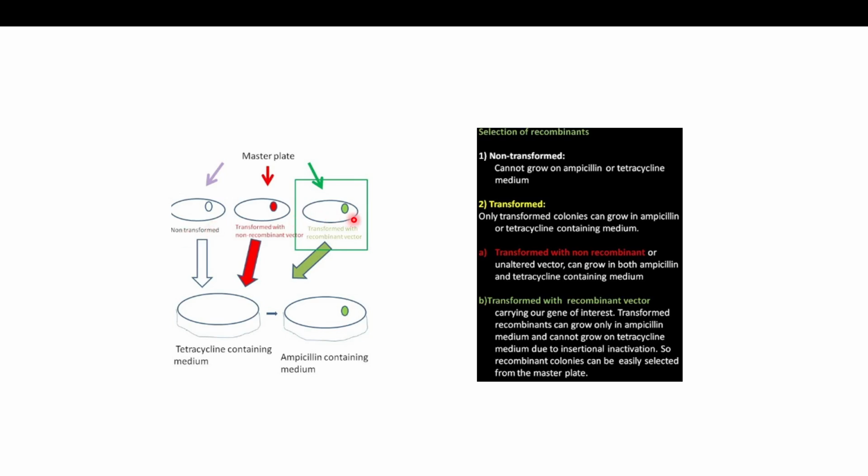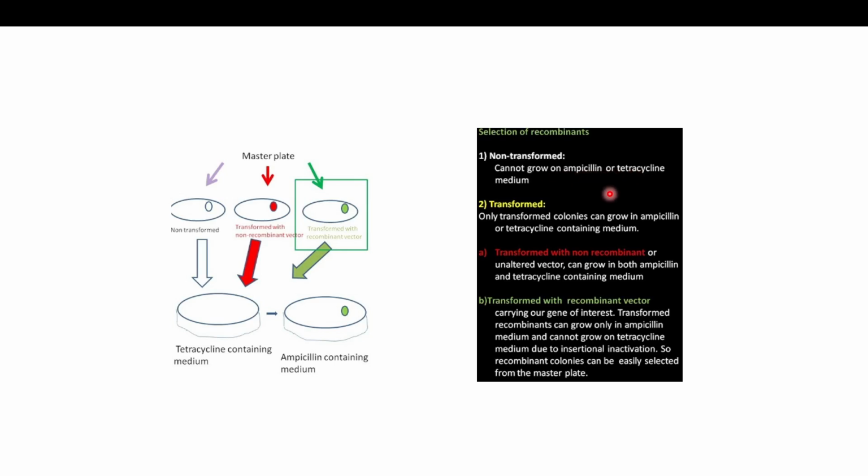The pBR322 plasmid has genes encoding resistance that helps cells thrive in antibiotic-containing conditions, ampicillin or tetracycline.